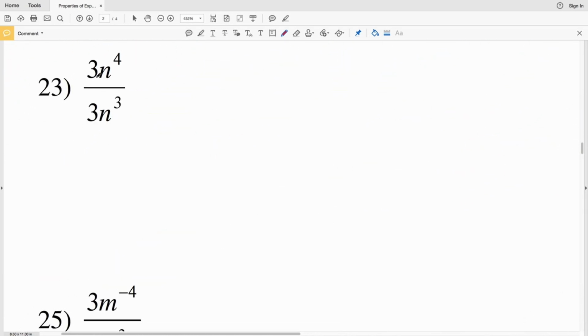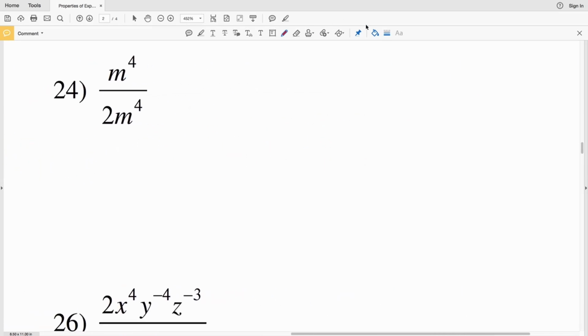For number 23, I'll have 3n to the fourth over 3n to the third. So I'll have 3 over 3 times n to the fourth over n to the third. 3 over 3 is 1, so I'll have 1 times n to the fourth over n to the third is n to the 4 minus 3. So 1 times n to the 4 minus 3 will just be n to the 1, which we can write as the variable n.